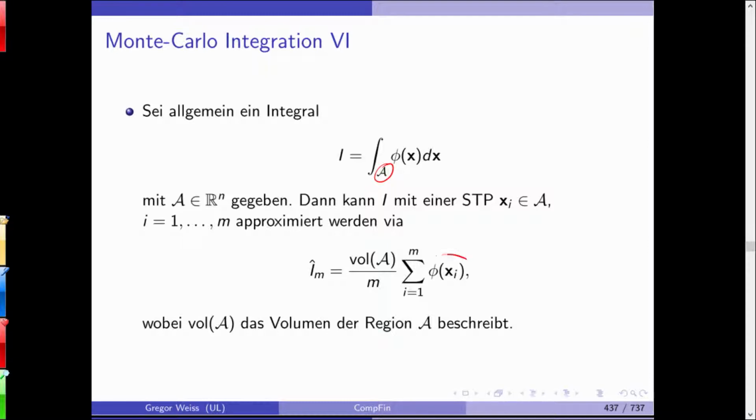You simply take this function. You have to simulate. You insert it, and it's just not 1 over m, but now it's the volume of this space A divided by m. This is just the generalization to n dimensions.